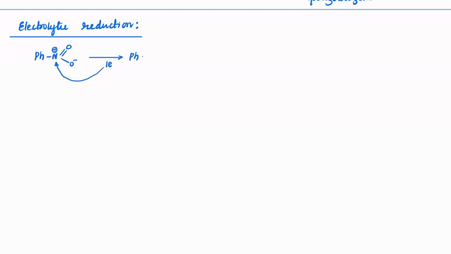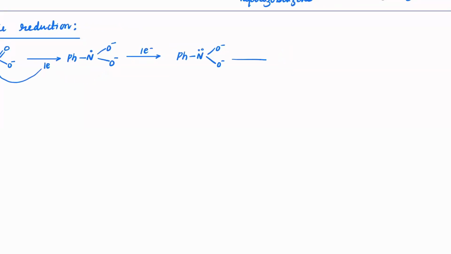That pushes electrons towards oxygen, so we get O minus and O minus. Then we add one more electron, so that becomes a pair with O minus and O minus. Agreed? Now imagine you are pushing some acidic solution.